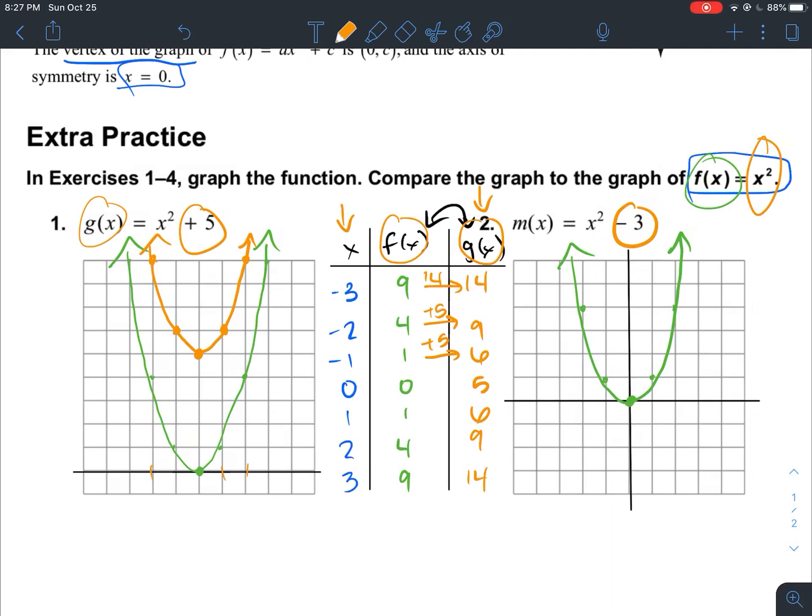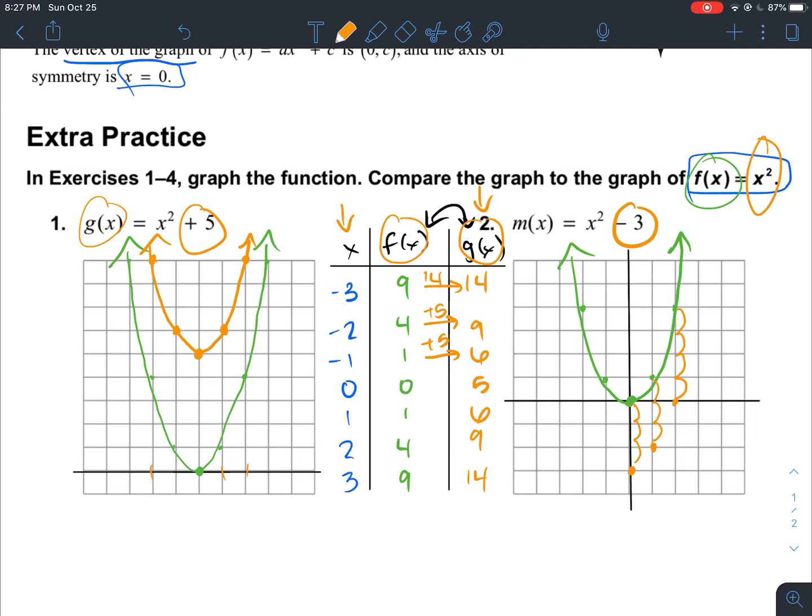Okay, so that means instead of at 0, 0, I'm going to go 1, 2, and 3. So it'll be down 3 units. And then instead of being at 1, 1, I'll be down 3 units. Instead of being at 2, 4, I'm going to be down 3 units.